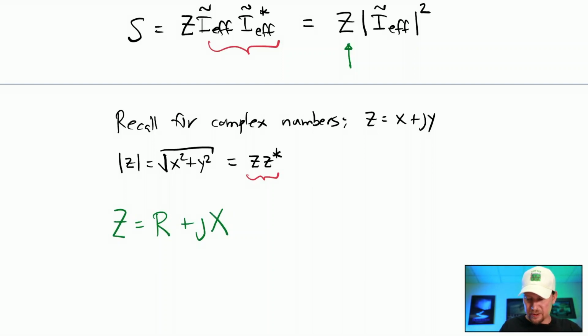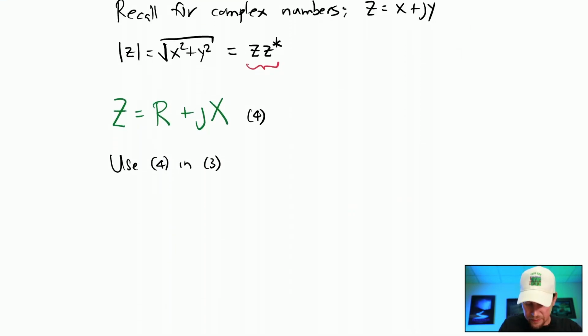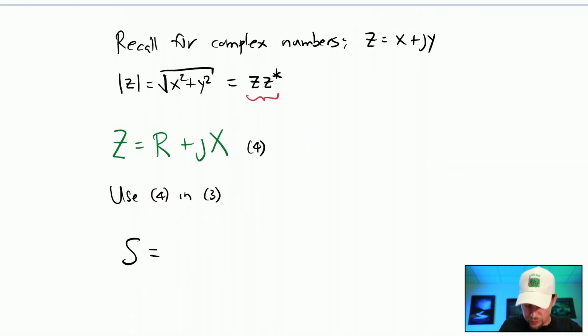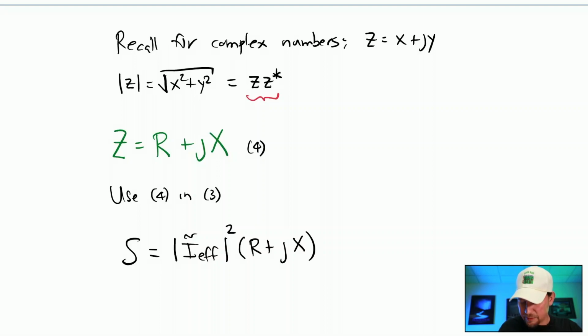So if I actually call this up here equation 3 and this 4, well, I can use 4 and 3, in which case we actually have that our complex power is equal to the magnitude of the effective current squared times the resistive part plus j times the reactive part.